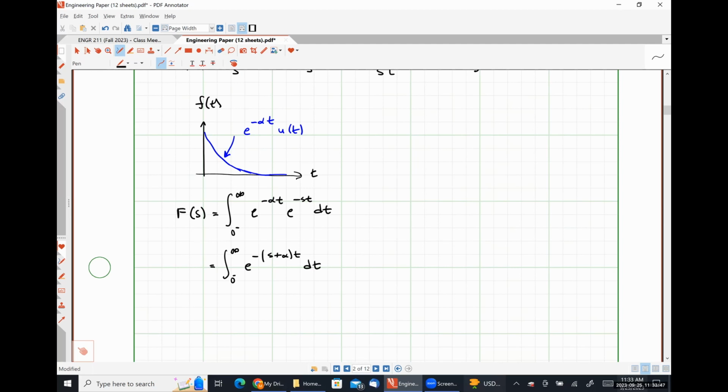Yes. U of t is going to look like 1 over the interval from 0 to infinity. So how do I do the integral of this thing?